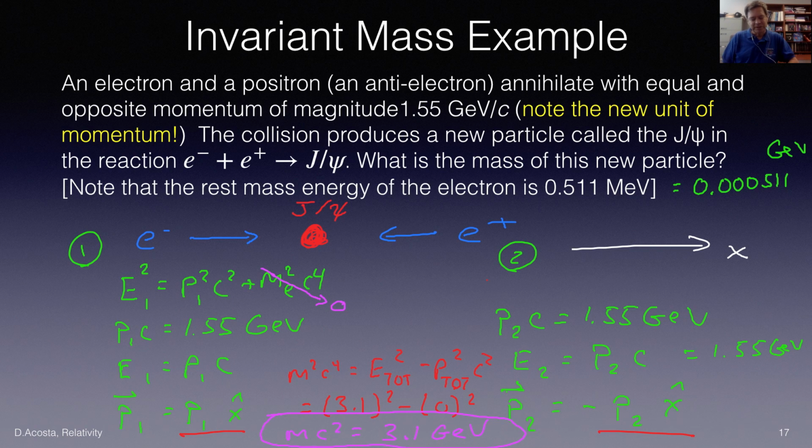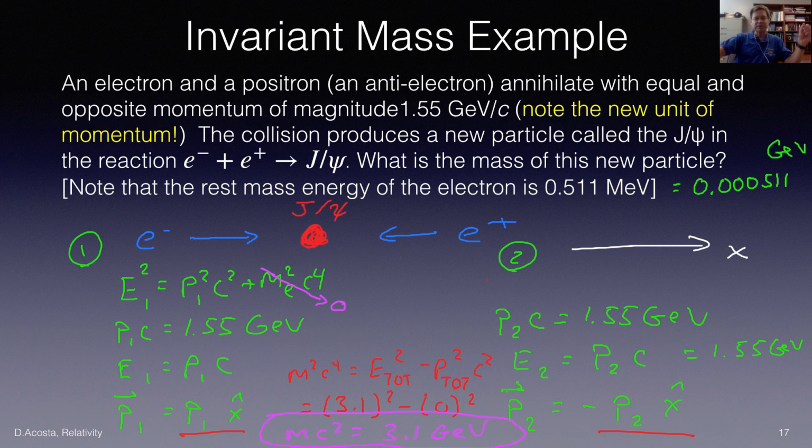So that's just an application to solve for two particles annihilating and creating a third new one. And the invariant mass turns out to be the mass of that final object, because we learned that the total momentum is 0, so that object's not moving, so it has no kinetic energy, so this is all rest mass energy. So effectively we solve for the mass of this particle called the J psi.